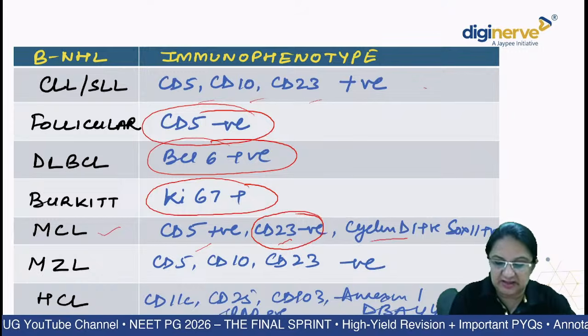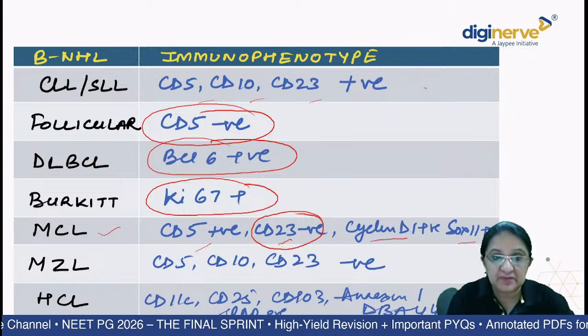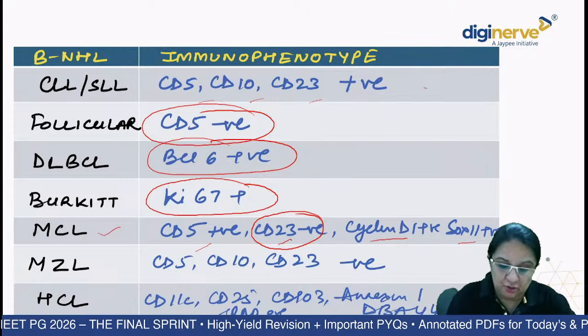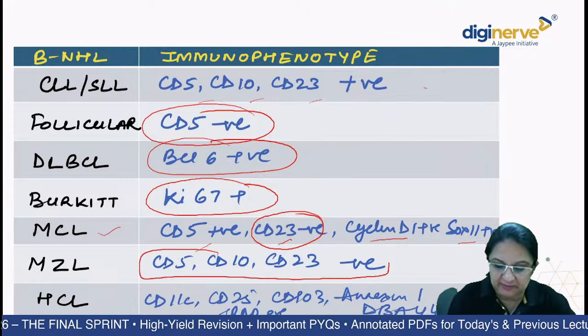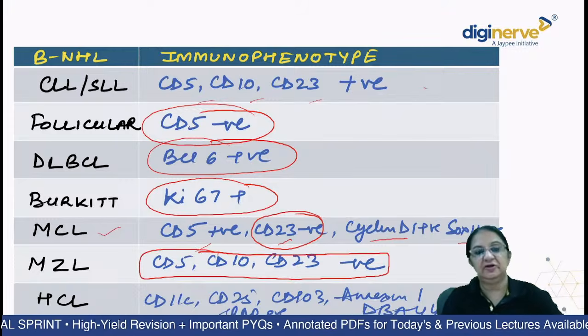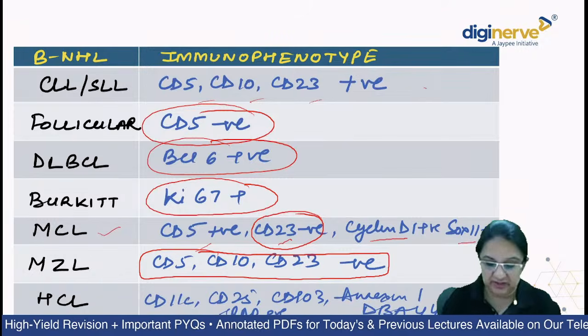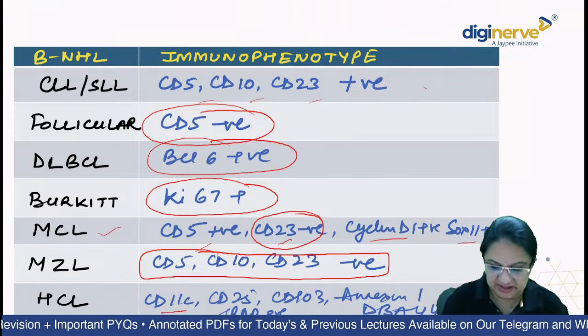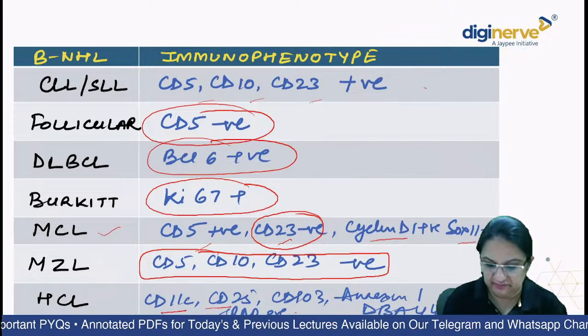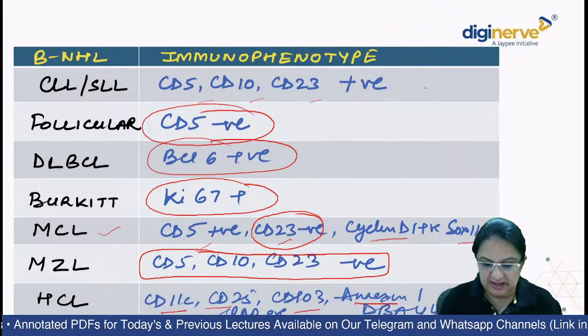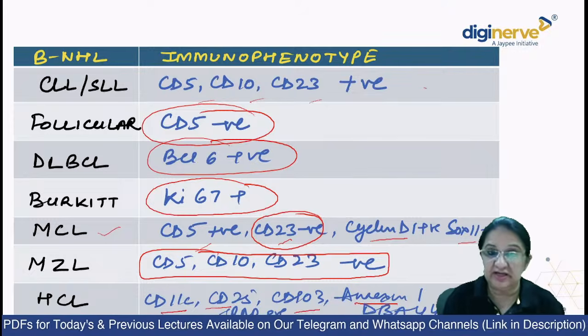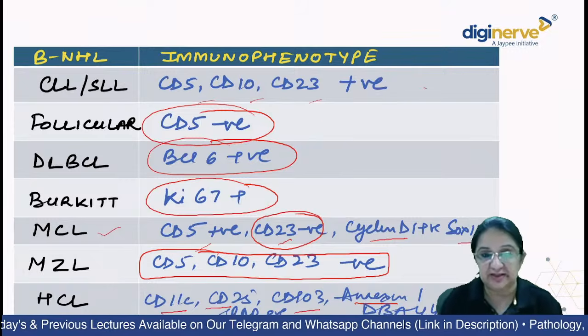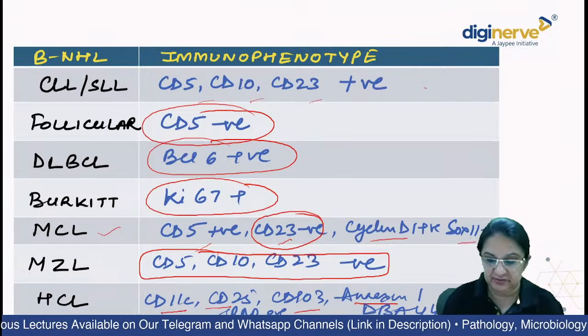Then you have cyclin D1, SOX11 positive. Marginal zone, CD10, CD5, CD23, all of them would be negative, right? Hairy cell leukemia, your CD11c, 25, CD103, annexin 1, TRAP positive and DBA44 positive, right?